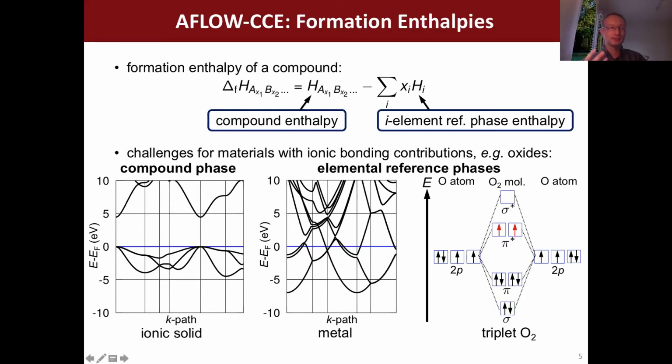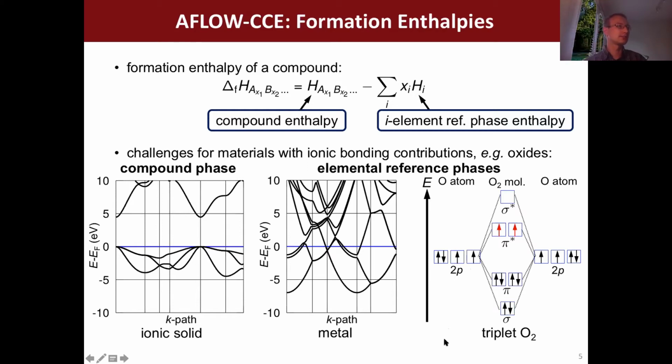And this is a very big complication for density functional theory, because density functional theory usually lives from an error cancellation effect when it calculates energy differences between chemically similar systems. But when they are not chemically similar, it cannot get this error cancellation.